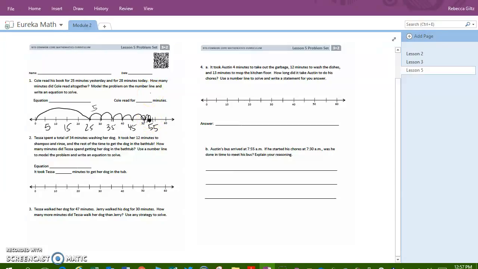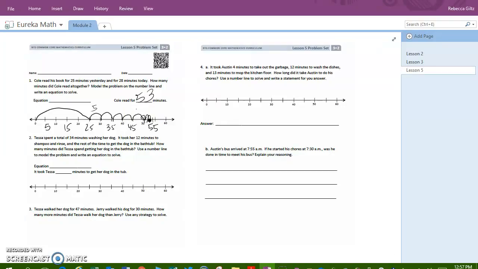If you look at your number line, and mine is a little bit small, so it's kind of hard to see, I'm at the 53-minute mark. So we can say he read for 53 minutes. The 25 from yesterday, and then 28 more that we added on. It's really just adding on a number line, but you're using it in the context of time.